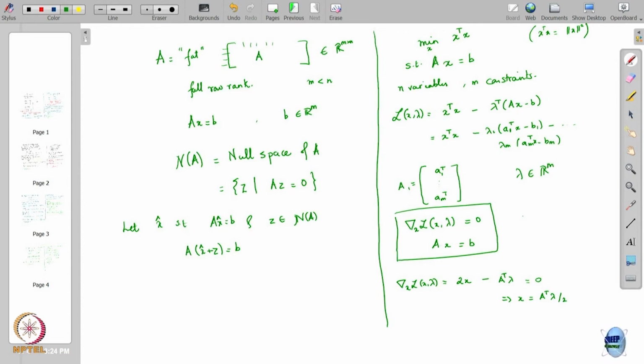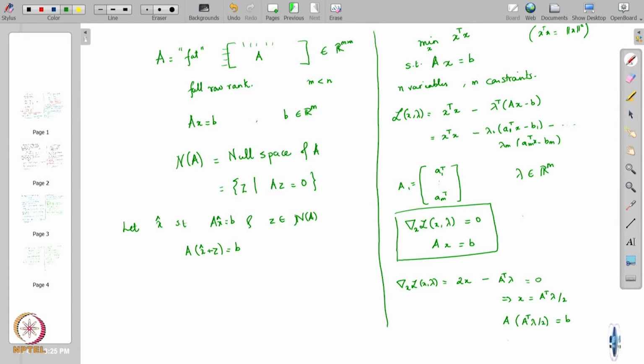Okay. Now I also need to satisfy Ax equals b. So I can just substitute for this x out here, and that would give me A into A transpose lambda by 2 equals b. Now A into A transpose, remember A was a fat matrix like this, A transpose would be a thin matrix. A I have assumed is full row rank. So A into A transpose is invertible, right.